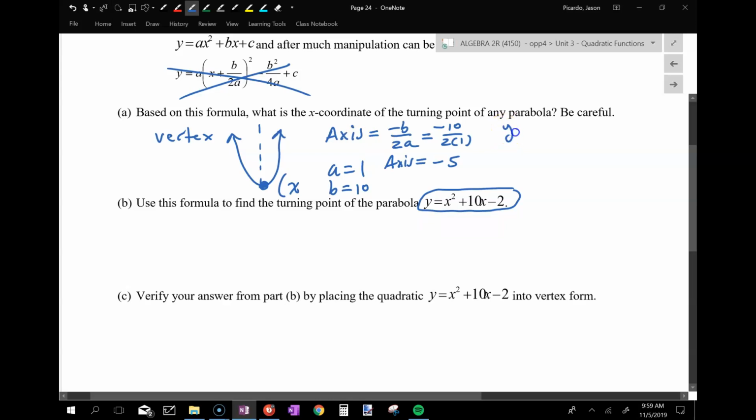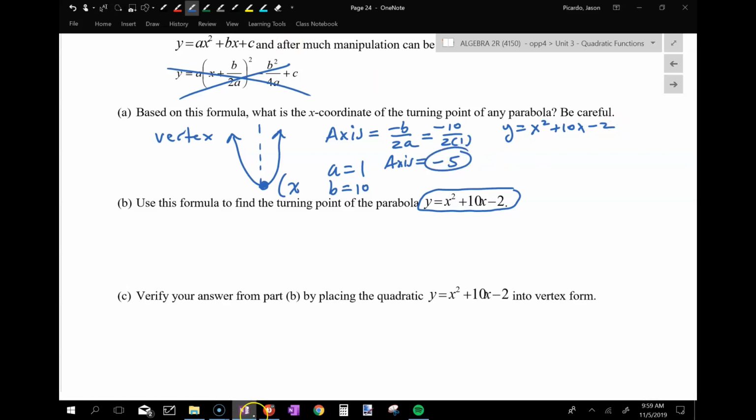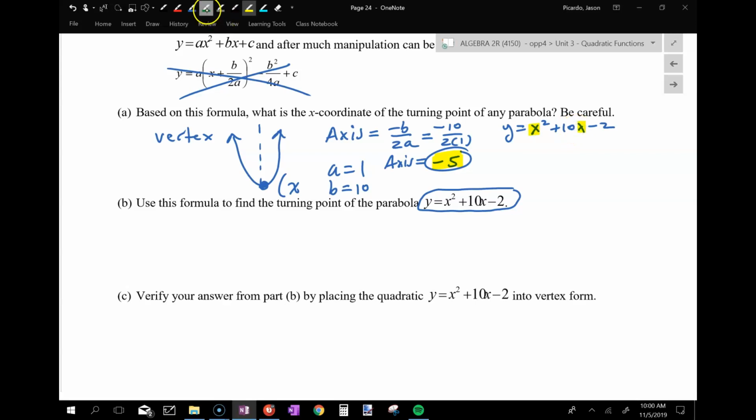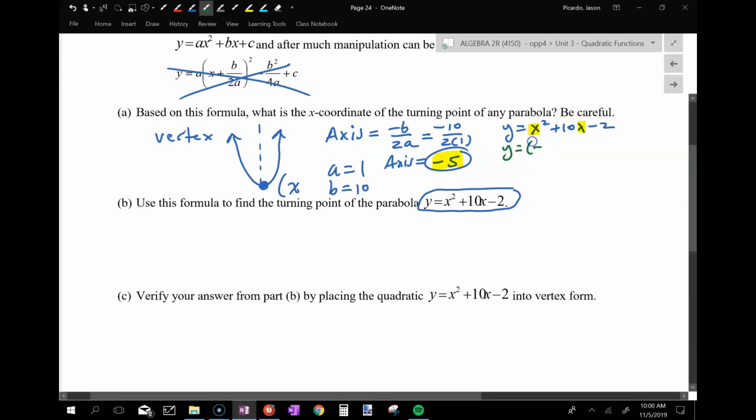So now the y value can be found by taking this and plugging it in for x. So that's going to give me 25 minus 50 minus 2.